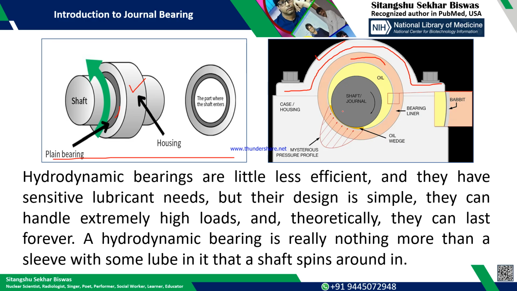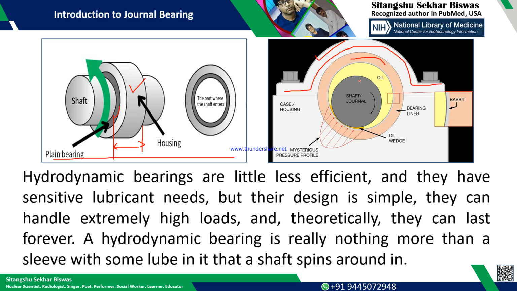Inside this is the shaft or journal, whatever I told, basically a portion of the shaft which is inside the bearing. In this case, this section of the shaft is called the journal.